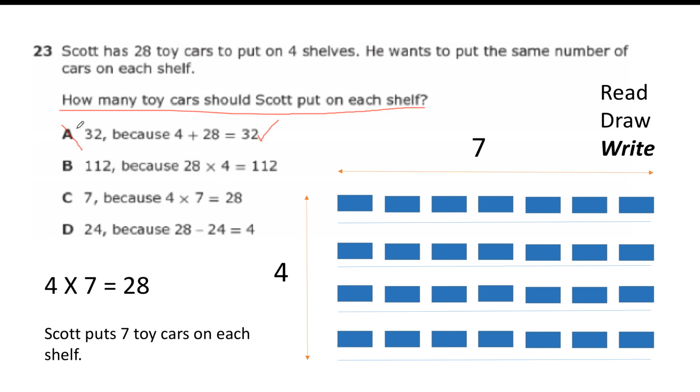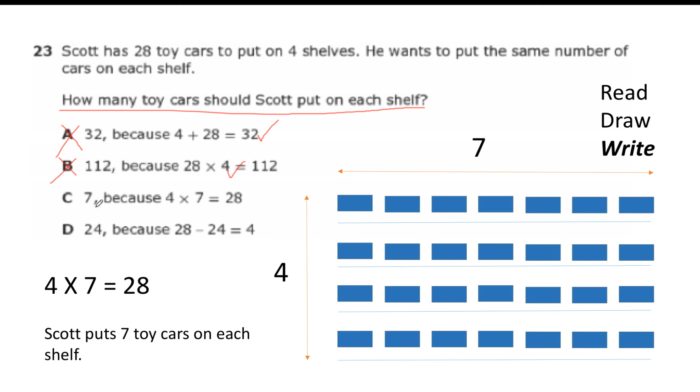No, he doesn't even have 32 to begin with. He only has 28. B, 112, because 28 times 4 is 112. Okay, 28 times 4 is 112, but again, he doesn't even have that many toy cars. He only has 28 toy cars. So how could he put that number on the shelf?